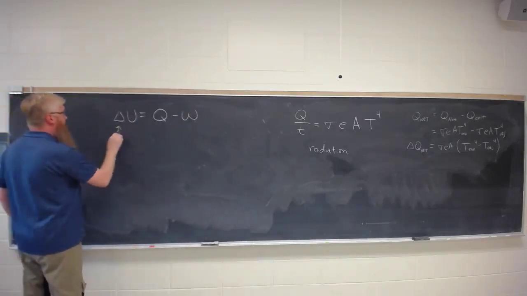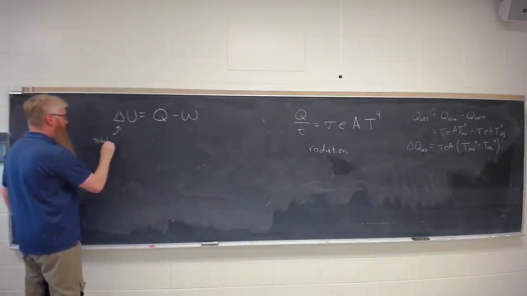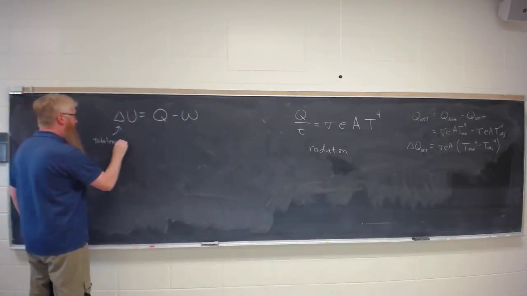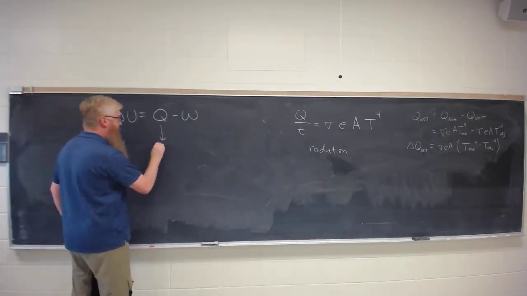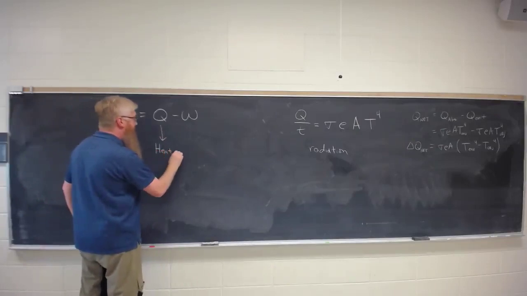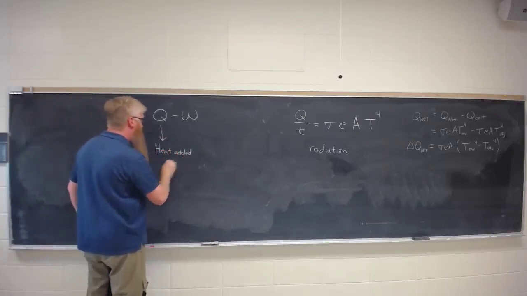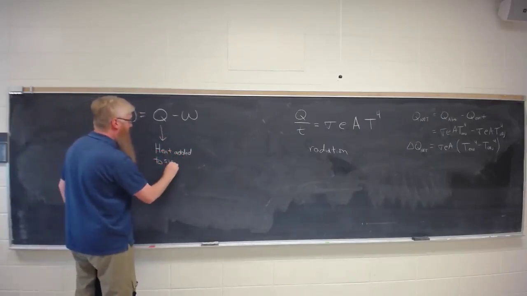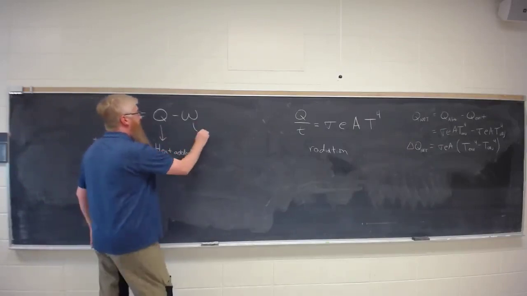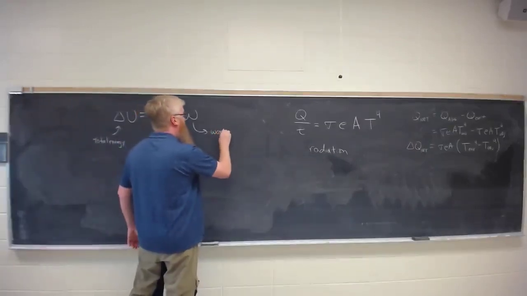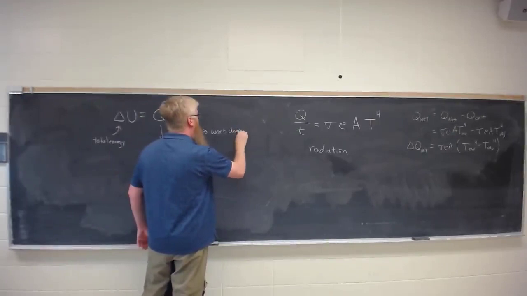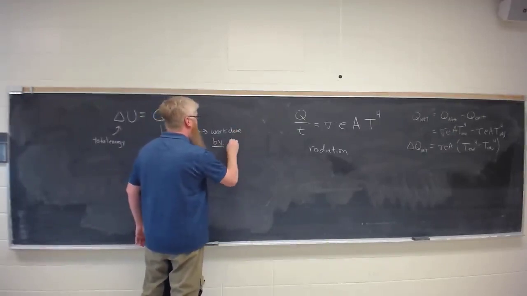So this is total energy. Q is heat added to system. And this is work done by the system.